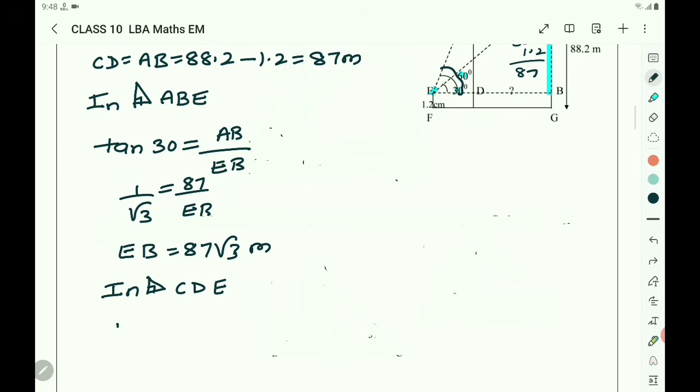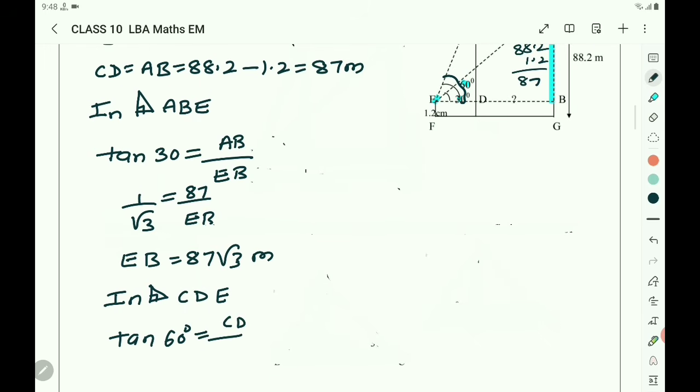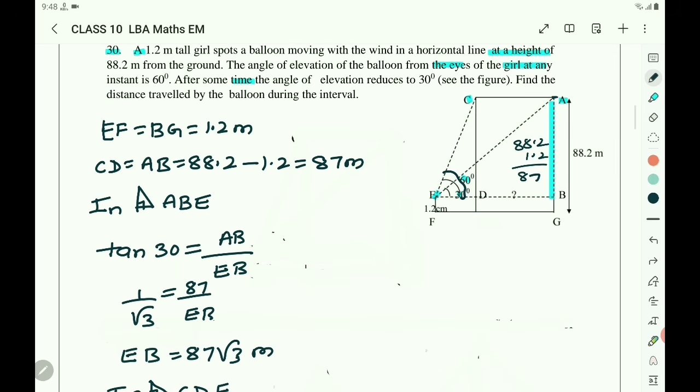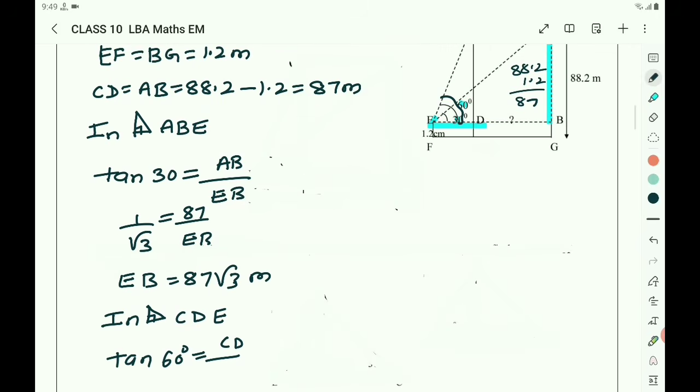So that is tan 60 equals opposite side CD by adjacent side ED.